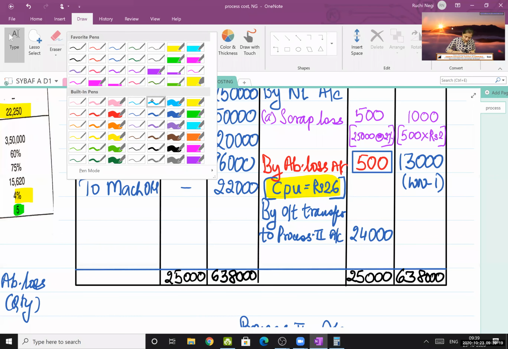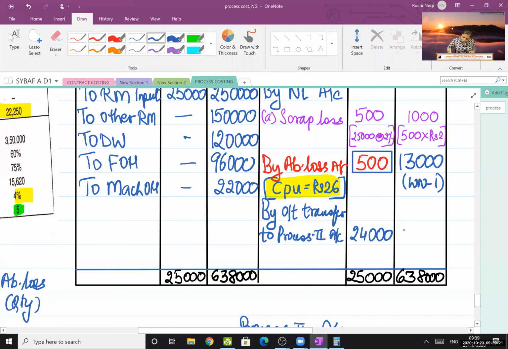So right here 6,24,000. Okay, this is the balancing figure.